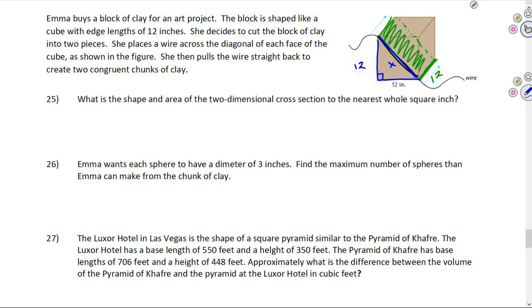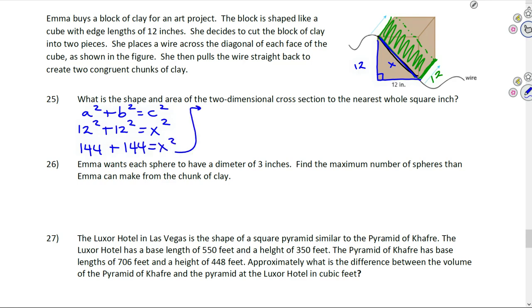So the Pythagorean theorem is a squared plus b squared equals c squared, where c is the hypotenuse. So c squared is x squared. A and b are both 12. 12 squared is 144, so 144 plus 144 is 288, which is equal to x squared.